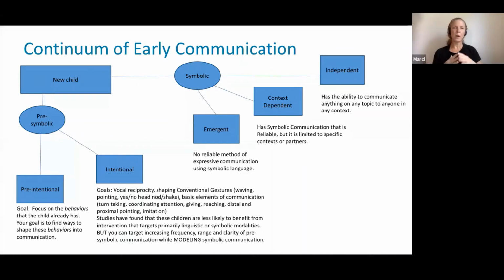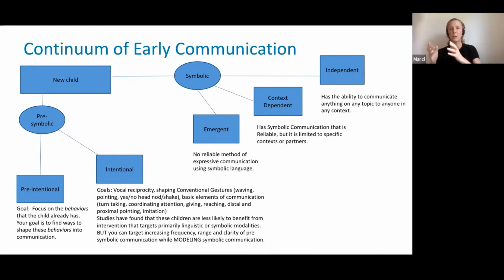One other thing I want to provide to you as far as an overview is something called the Continuum of Early Communication. And this is a mesh of 2 different ideas. The first idea is early childhood assessment. So you're really looking at the youngest communicators in the realm of birth to 3.